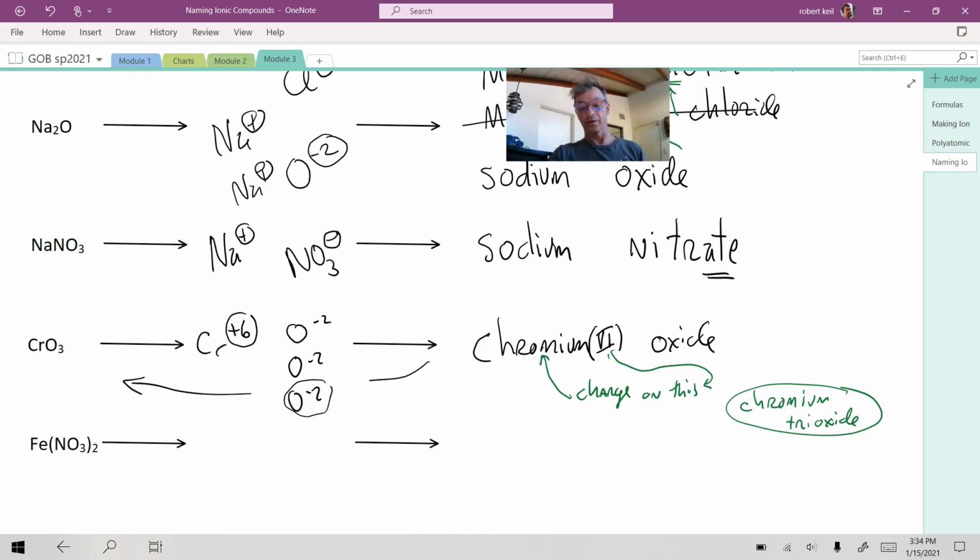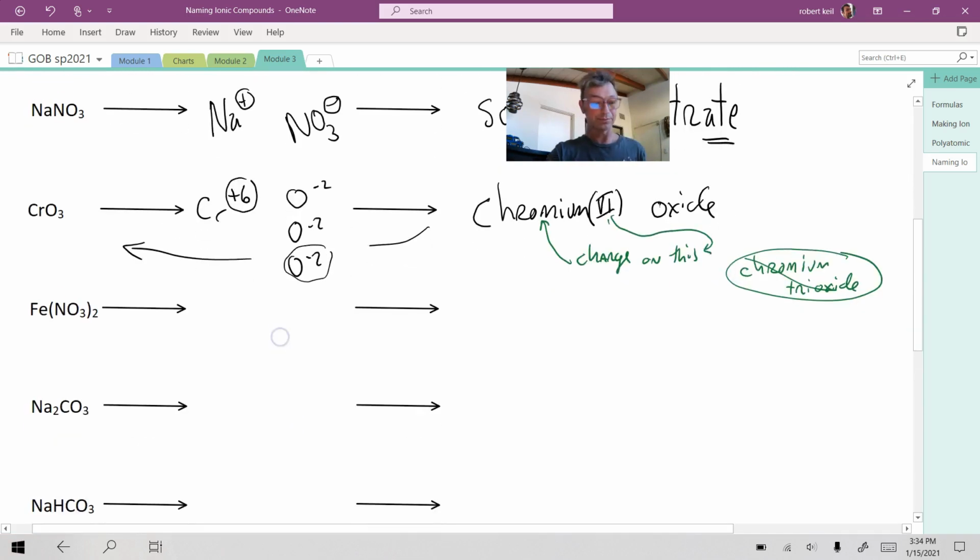That's the correct name. However, many people will just give it a new name. They'll call it chromium trioxide. And so sometimes, especially if you look it up on Google, you'll see the name chromium trioxide, which is not the correct name. Sometimes companies just sell it that way, or it's an older name that's stuck around, and there are lots of examples like that. So we're going to use the proper naming and do it the right way.